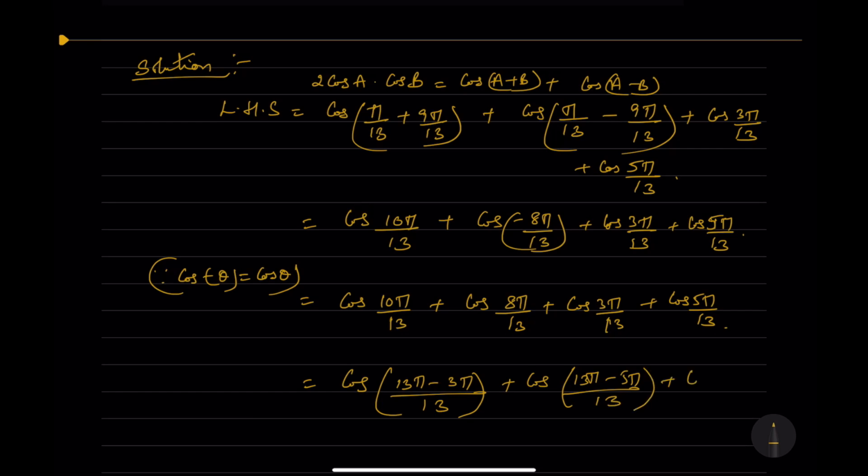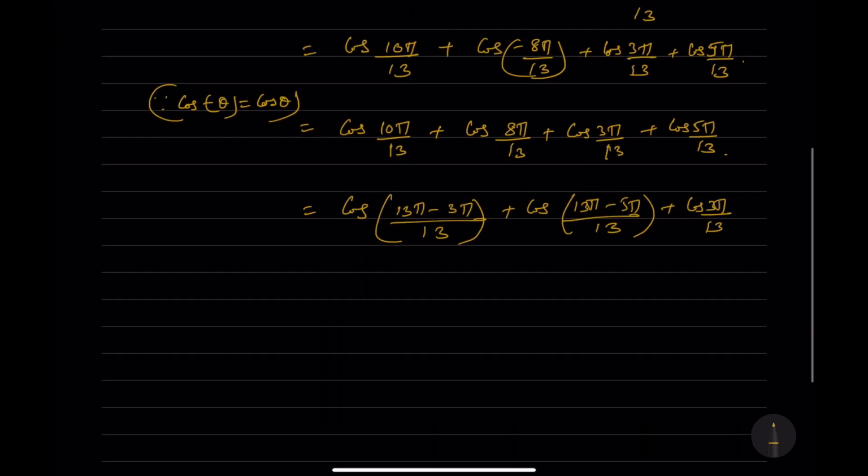Here we are taking the LCM over here. Now here you write as it is cos of 3 pi by 13 plus cos of 5 pi by 13.